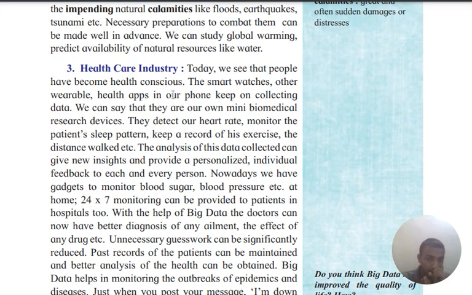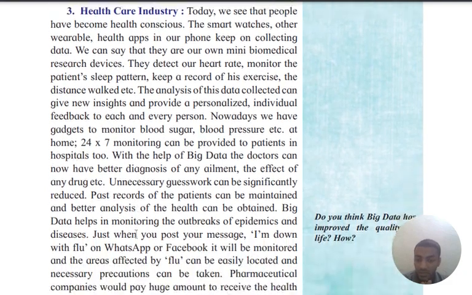It helps the doctor and even the hospital. The doctor can diagnose any ailment, any problem, and the effect of any drug. Unnecessary guesswork can be significantly reduced.